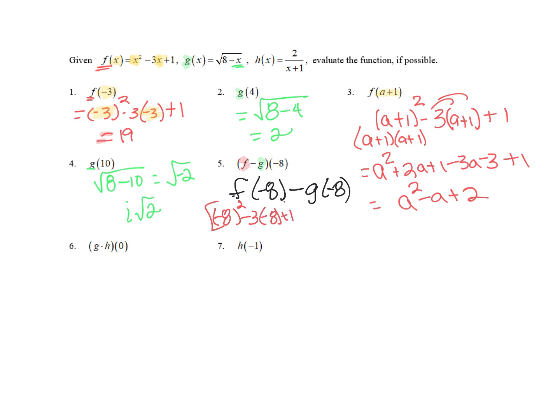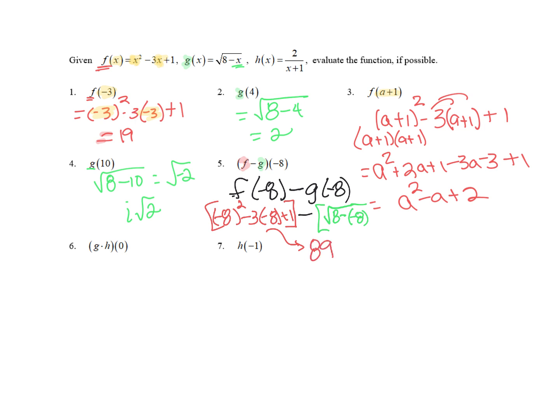So that is my f function. Then I'm going to subtract what happens when I plug negative 8 into my g function. So square root of 8 minus negative 8. So what does that equal? Well, f of negative 8 turns out to be 89.